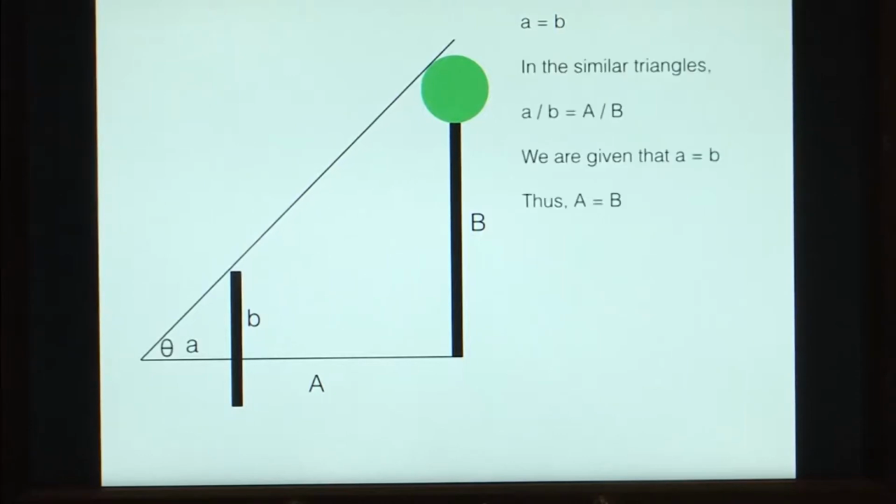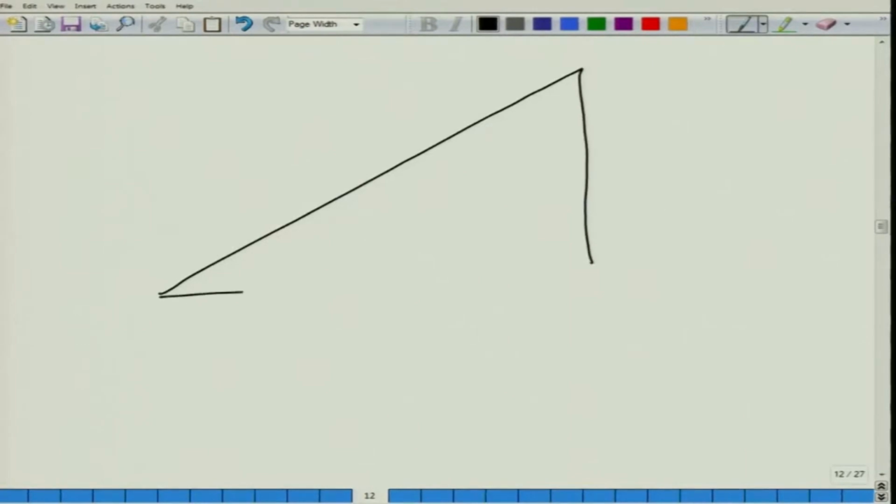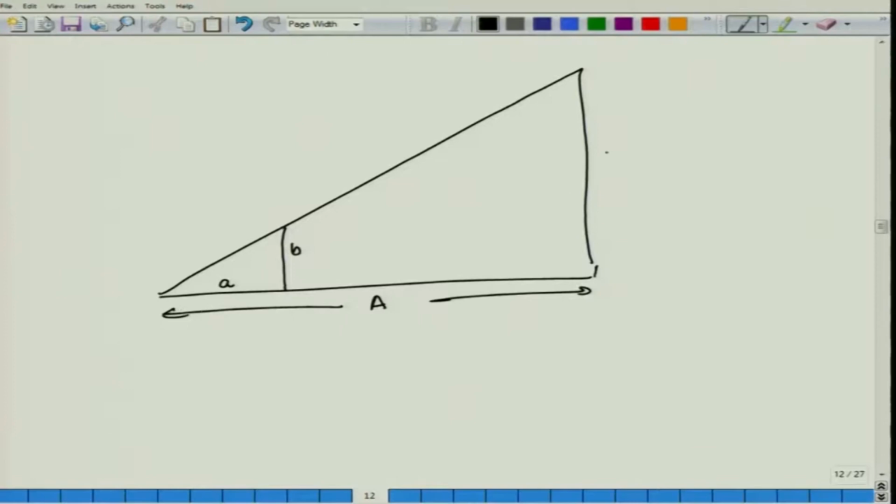So, then we will have two similar triangles, and in these two similar triangles we will have small a by small b is equal to capital A by capital B, because in these two triangles we have small a and small b, and we have capital A and capital B. So, in these two triangles small a by small b is equal to capital A by capital B is equal to some constant k.